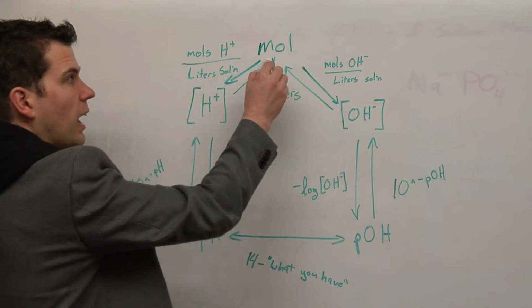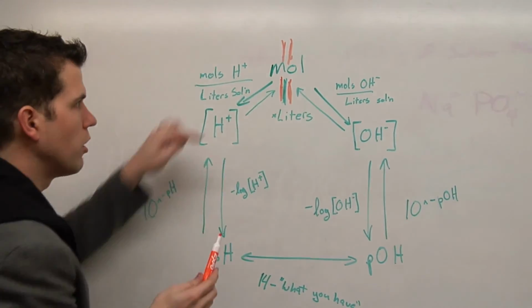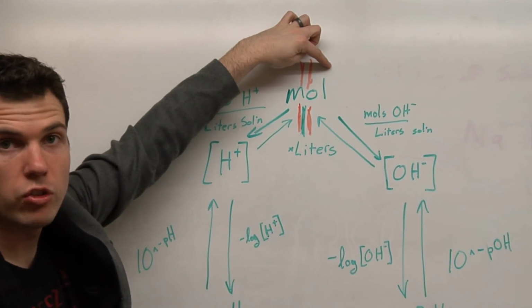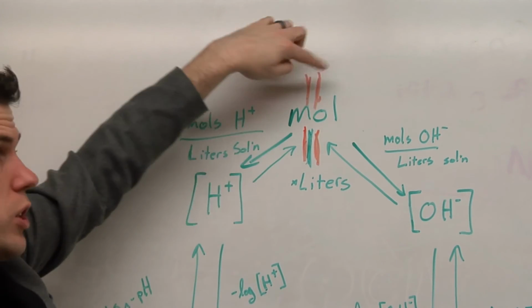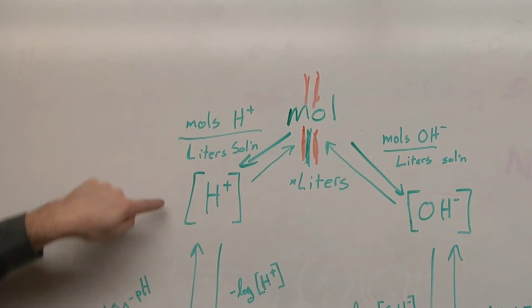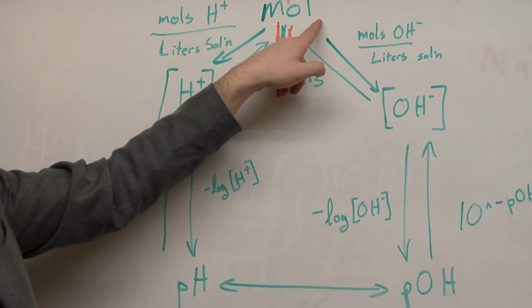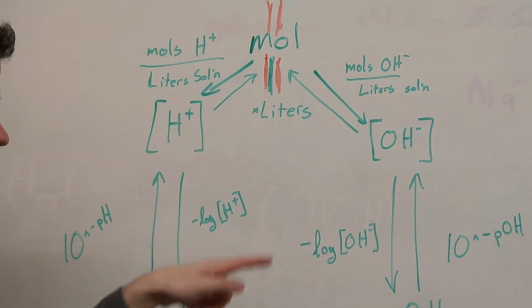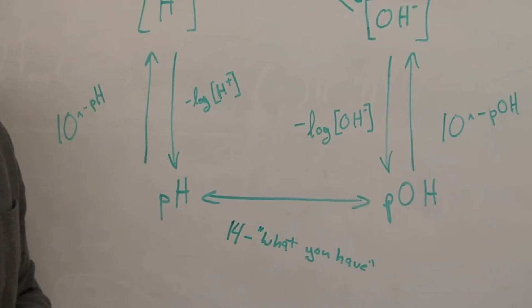So if you have the moles of hydrogen starting right here, and you want to get to the moles of hydroxide, you cannot just go straight across. Unfortunately, you have to go all the way around to each individual office in order to get to the number of moles of hydroxide. But you just do the simple steps, and that will take you there. I think it's time for a sample.